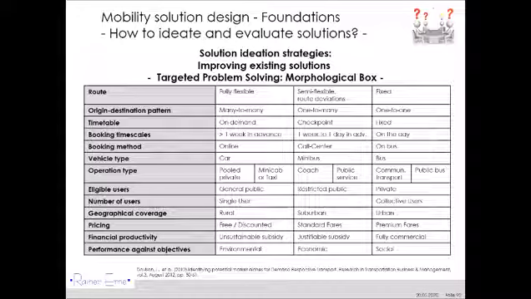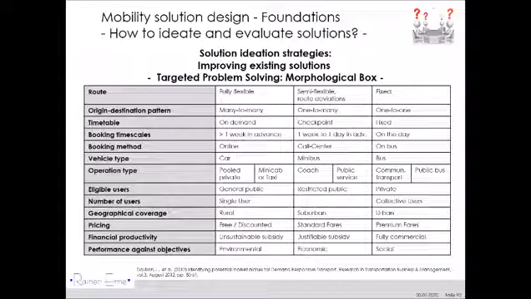There are then a few options you can choose from in order to design this last mile on-demand service. You can choose according to the route, if it's fully flexible or fixed, then many-to-many origin destination patterns, or one-to-one, if you have a fixed timetable or on-demand timetable and so on.